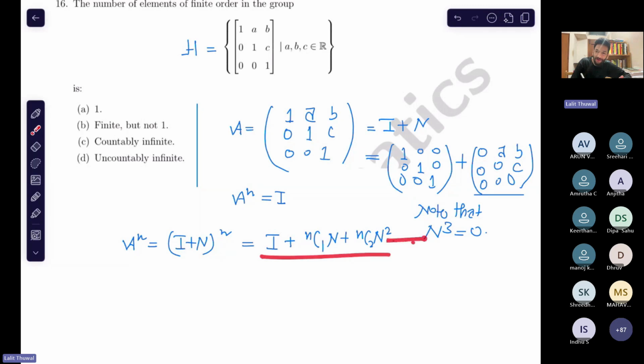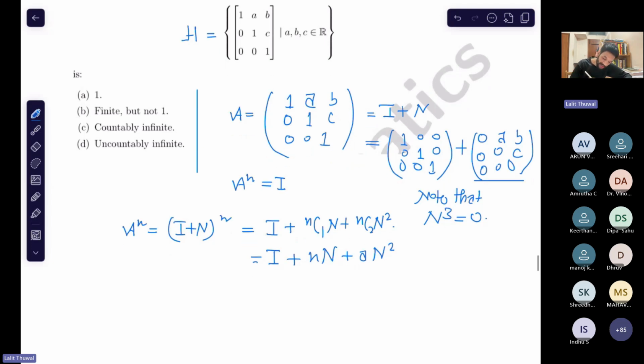I don't need to write the further elements because they are all 0. NC1 is n, and NC2 is also a non-zero number A. Note that. So a to the power n is this.